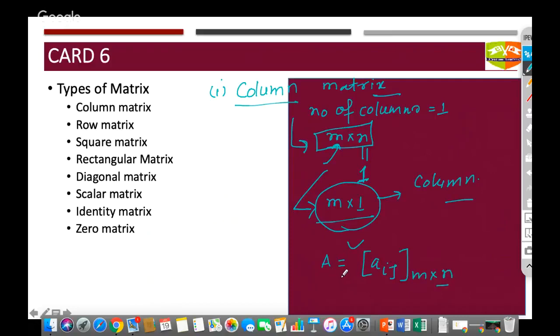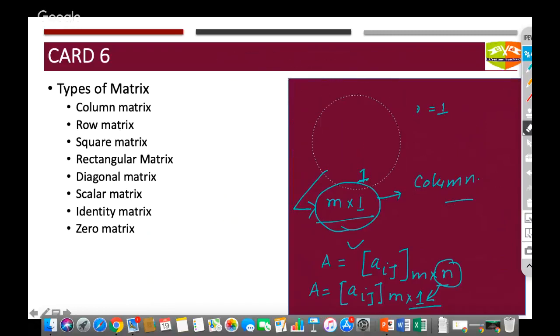Now for column matrix, you can write A is equal to aij, m into 1. If you write this, you will get the full marks. Somebody will understand that the person knows the number of columns has to be equal to 1, so you will get the full marks for that.